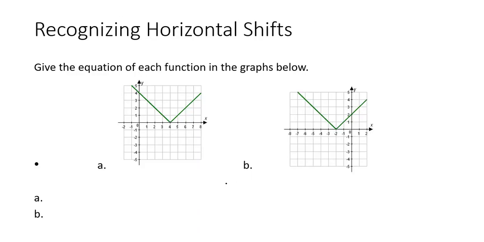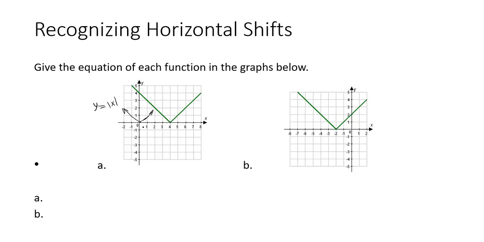Let's take a look at these examples. Give the equation of each function in the graphs below. So here we have absolute value of x. The graph of absolute value of x was originally sitting right here, the origin. So this was y is equal to absolute value of x.